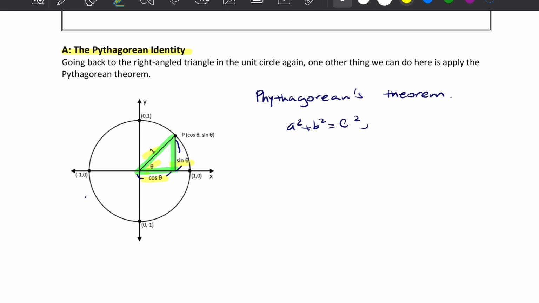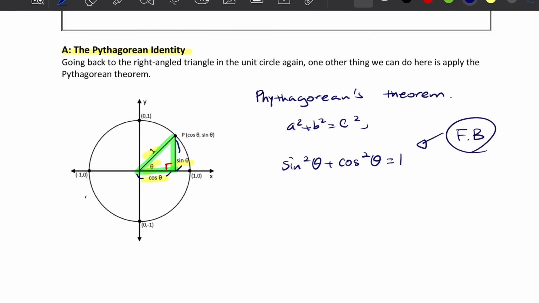We also know that this is a right triangle, so we can derive the equation sine squared theta plus cosine squared theta equals 1. And this is available in your formula booklet.